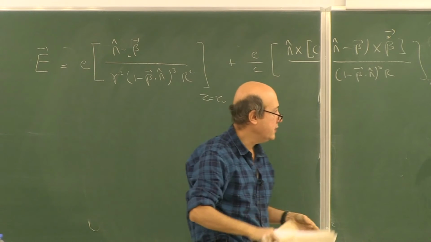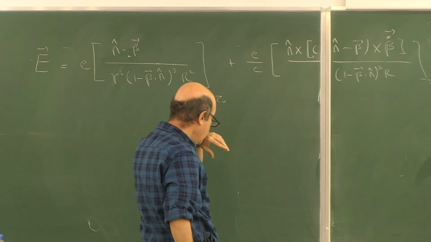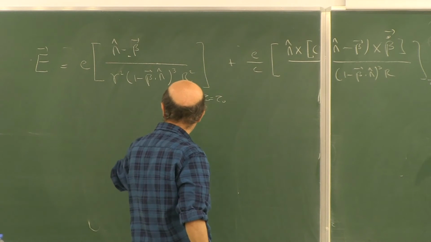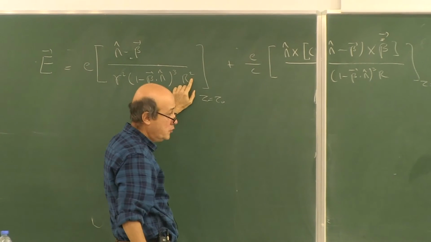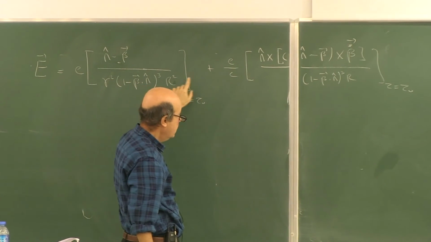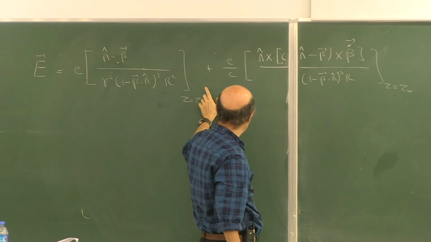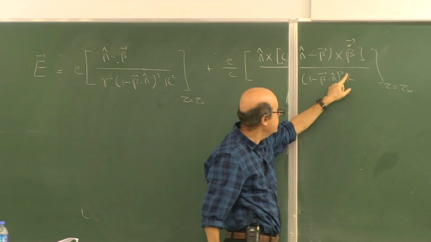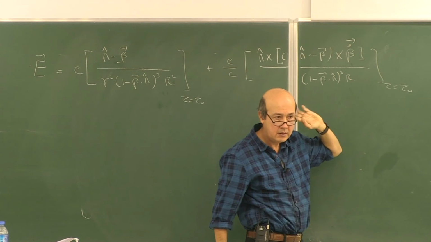This is a long expression. You don't have to derive this. And what does it tell? You have terms depending on 1 over r squared and depending on 1 over r. But if you look carefully, the 1 over r term is related with the acceleration. This is the acceleration with respect to the ordinary time, okay?